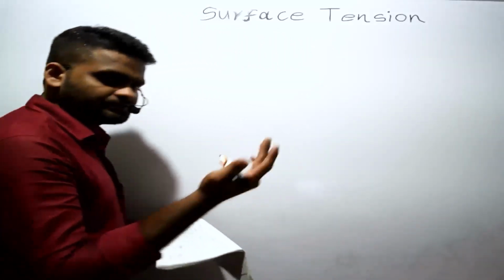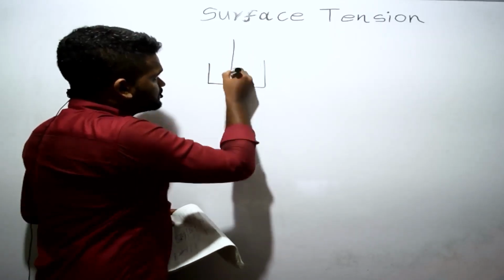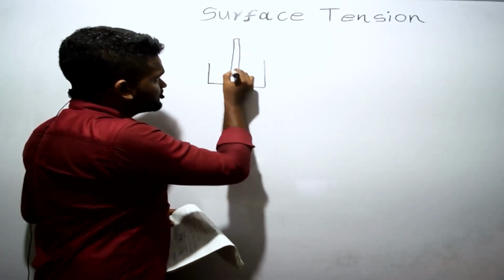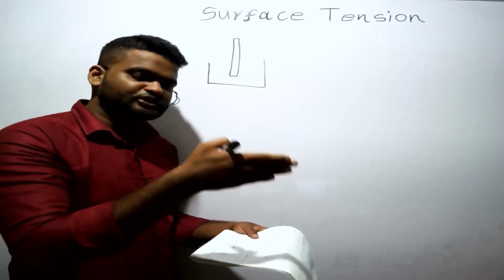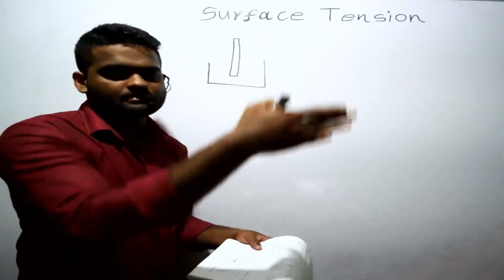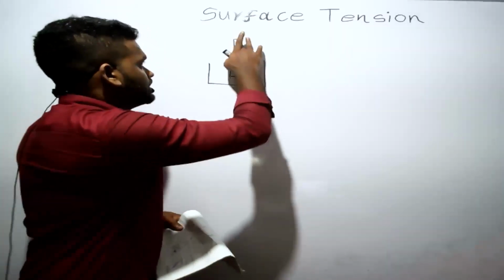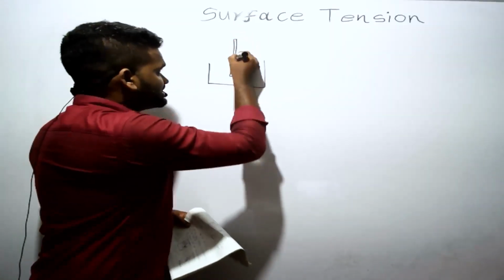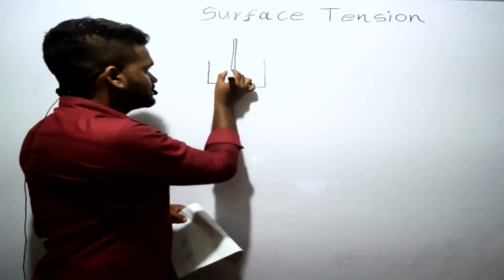I'll just briefly give you the method. You take something like a glass plate, or it could be an iron plate or metal plate. You immerse that in the liquid.